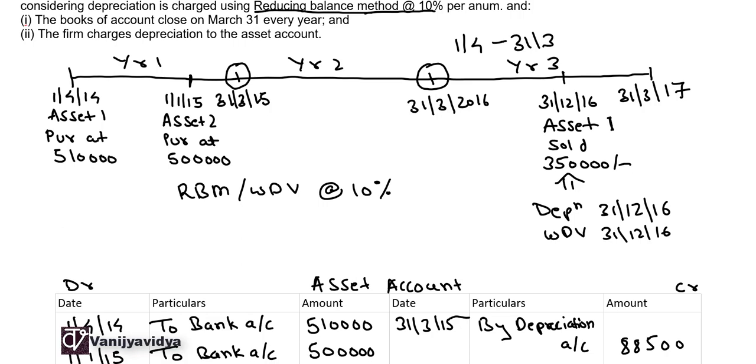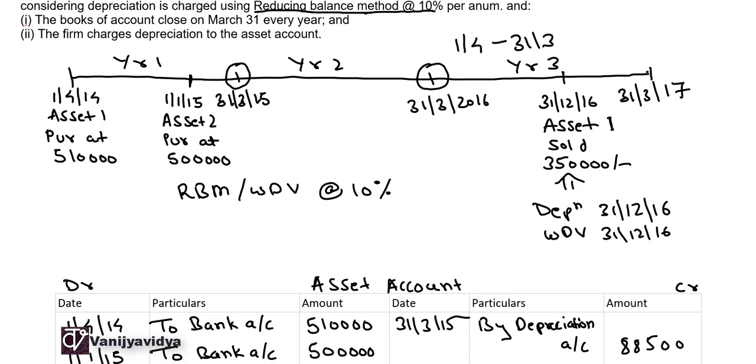And then on 31st March 2017 we need to record the depreciation for the remaining assets. In this case only one asset remains on 31st March 2017, that is asset 2. Now the asset is sold for rupees 3,50,000. So let's first record this entry.